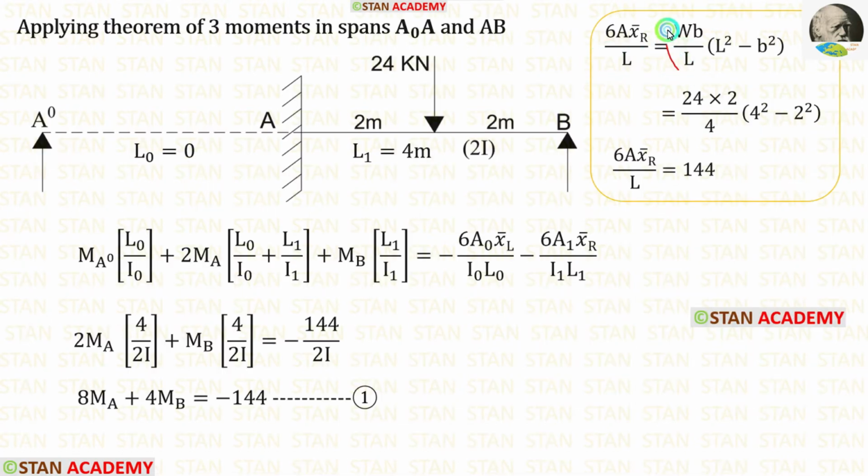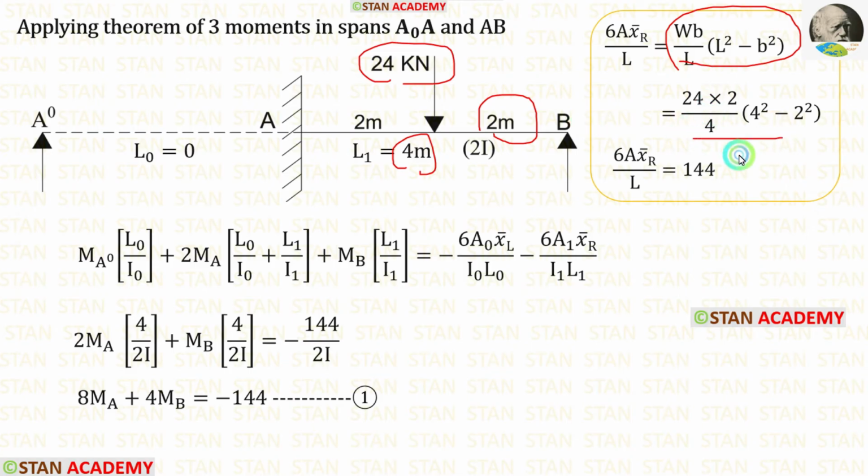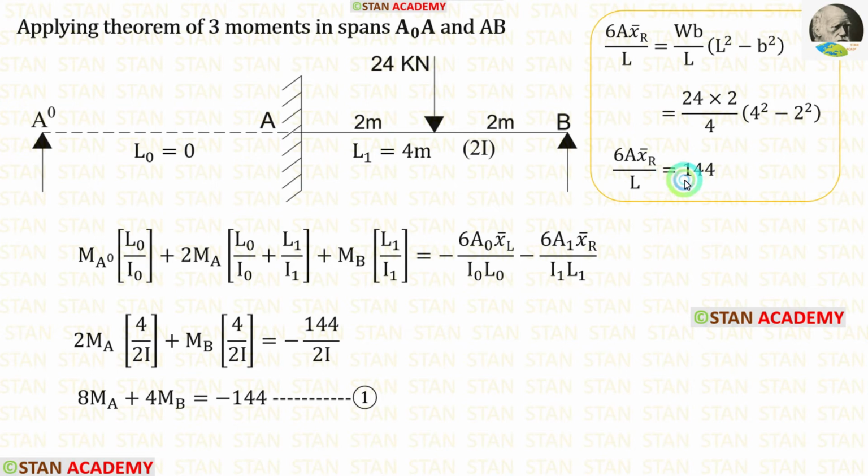Let us apply the values inside the formula. W is 24, L is 4, B is 2. When we apply in the formula, we are getting 144. Let us apply this value in the equation. Then let us eliminate 2i on both of the sides. Finally, we are making the first equation.